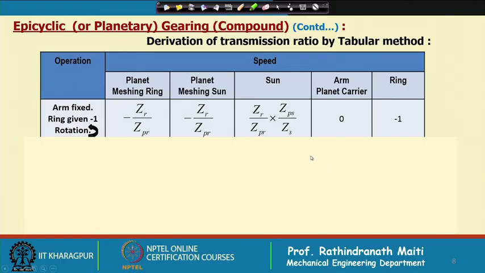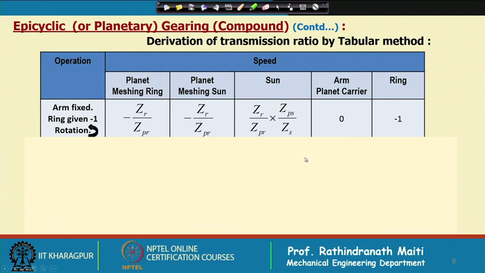But there are other methods. If you go for motion analysis, you find the velocity at each point of contact, and from that we can also find the transmission ratio. Another popular method used in practice is the tabular method.